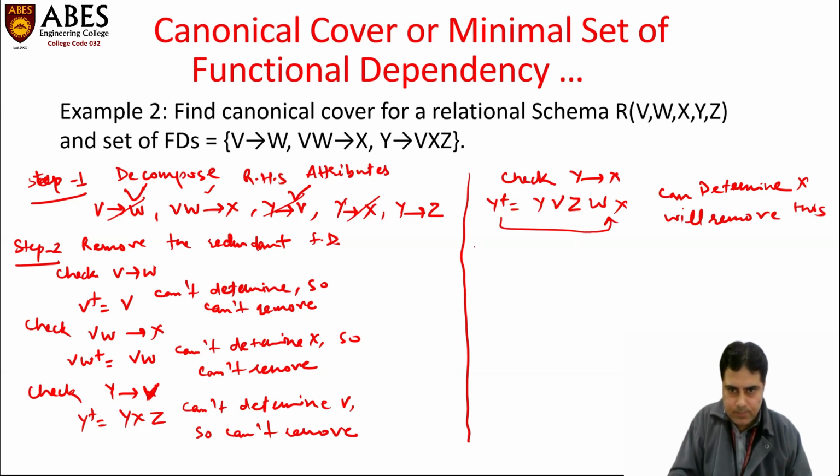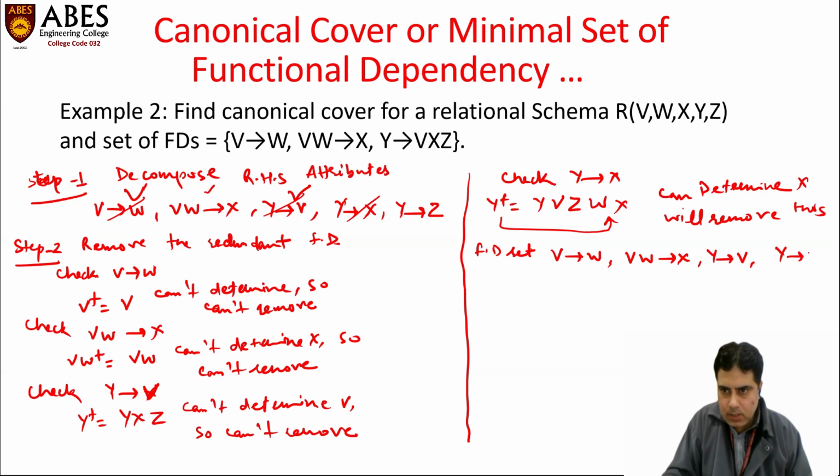So the final FD set is V determine W, VW determine X, Y determine V, and Y determine Z.